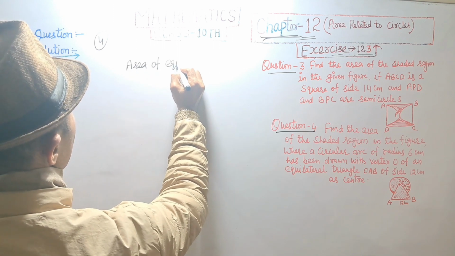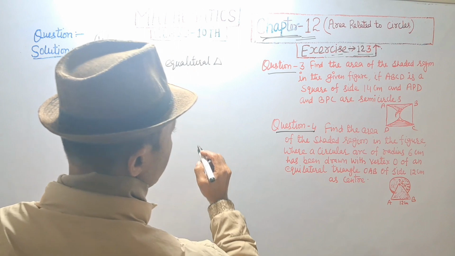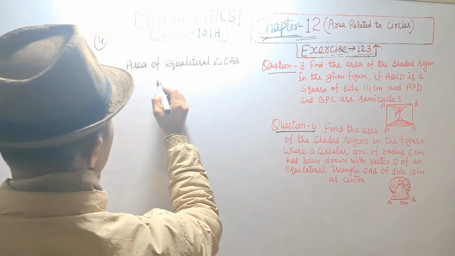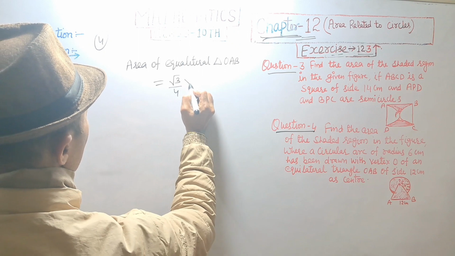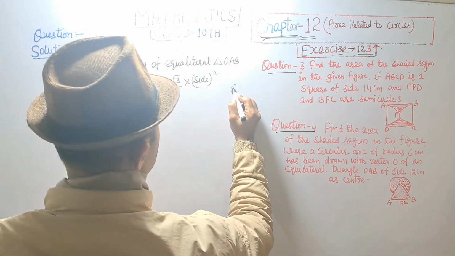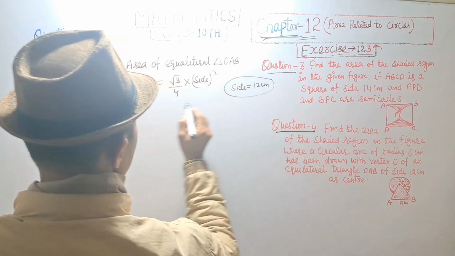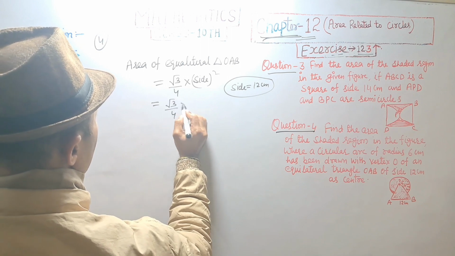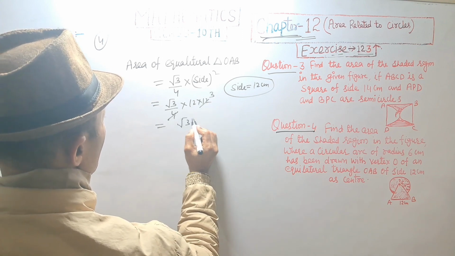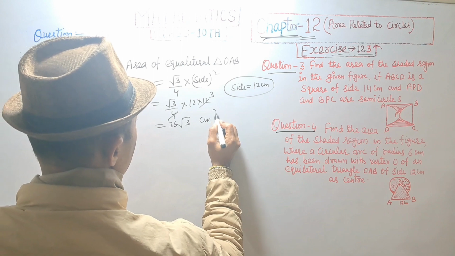Area of equilateral triangle OAB is equal to root 3 upon 4 into side square, and we have side is equal to 12 centimeter, that is equal to root 3 upon 4 into 12 into 12. 4 3s are 12, that is equal to root 3 into 12 3s are 36, 36 root 3 centimeter square.